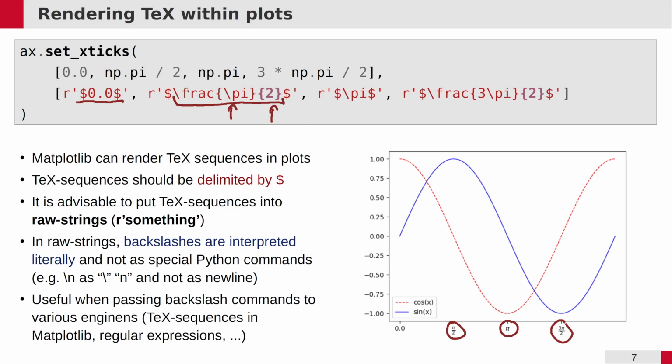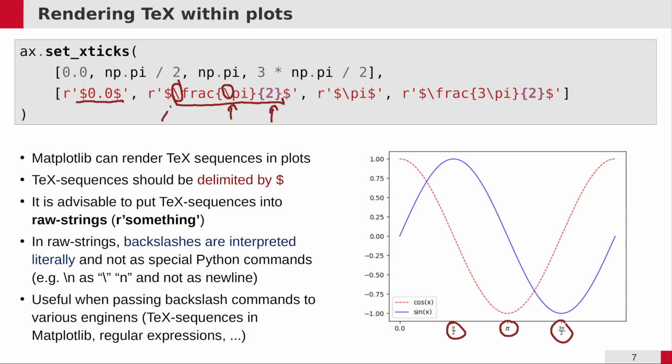The only thing you must be careful about is that LaTeX commands need a backslash as the first character to tell LaTeX that it's a command, and that can be problematic, because you know that Python also treats backslash as a special character. For example, \n, which we had in the previous lecture, is a newline character.